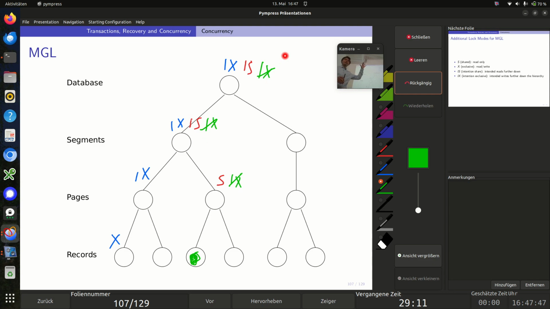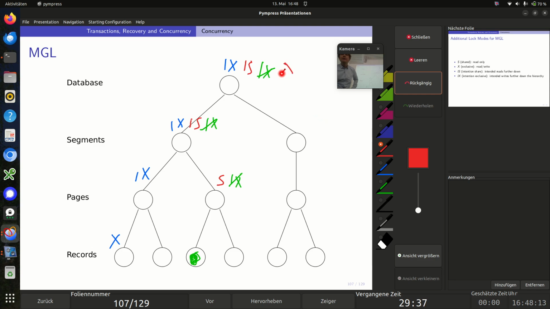Having smaller granularities, we can say, okay, we have the pages, and the pages are the things that are swapped out from main memory to disk, and then I can say, okay, I want to change only a small record. But I can also say, okay, I want to insert something, then I can say I want a lock on the whole database.